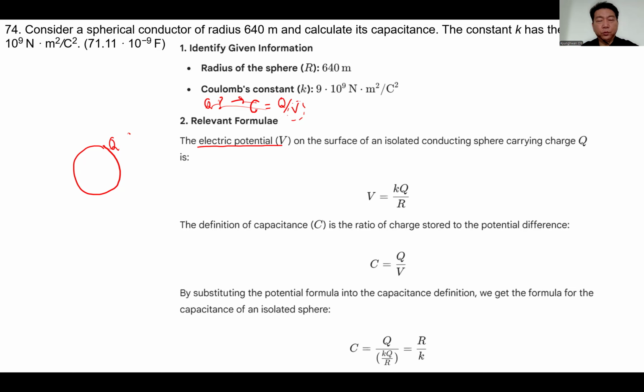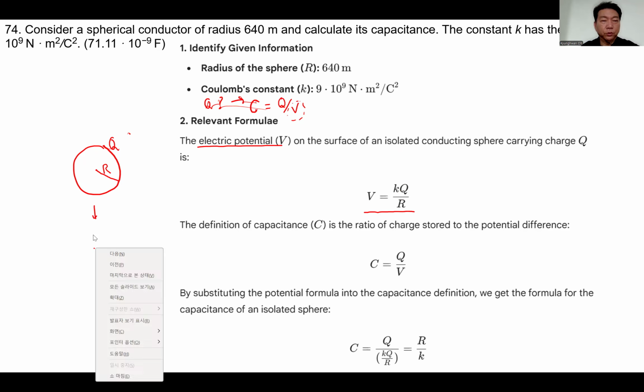And this is what we have done in the previous examples. In this case it is KQ over R. So in other words, in the conducting sphere, it looks like all the charges are accumulated at the center, by Gauss's law.